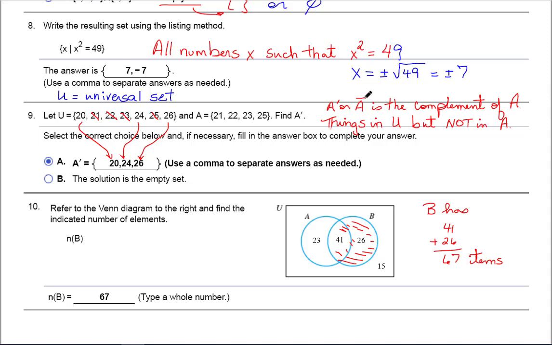So you'll also see this as A with a line above it. It represents the complement of A. It's the things in our universal set outside of A, or not in A. So I'm looking here, where's A? 21, 22, 23, 25. What else is in there outside of A? Well, 20, 24, 26. So again, the complement is everything outside of the set, but still inside of the universal set.